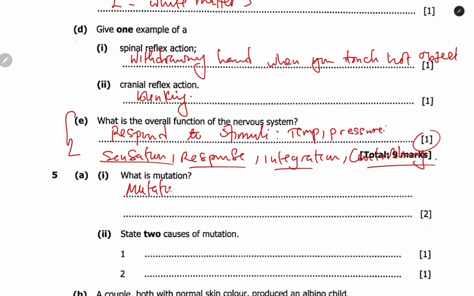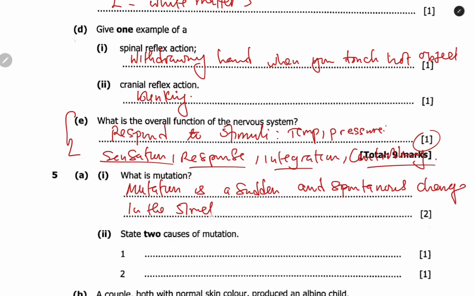So mutation is a sudden and spontaneous change in the structure of a gene or number of chromosomes.